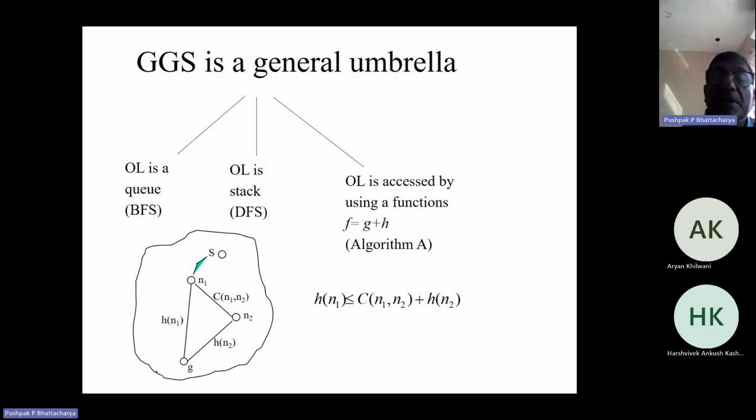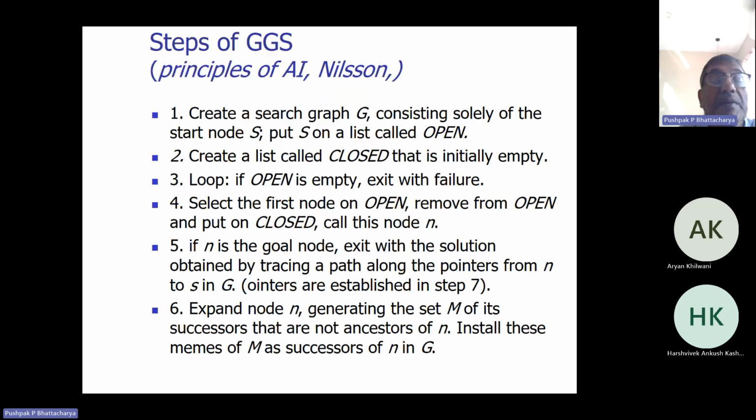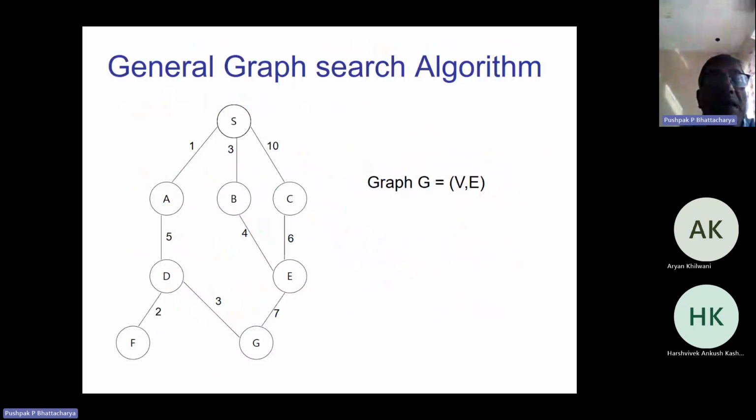And if the open list is accessed by using a function f, which is composed of g plus h, then it is called algorithm A. We'll come to algorithm A very quickly. But let's see that BFS and DFS indeed come from this open list and closed list as a general umbrella.